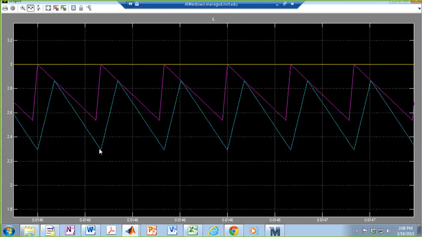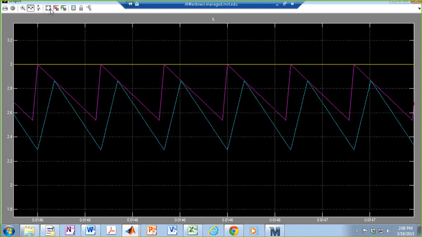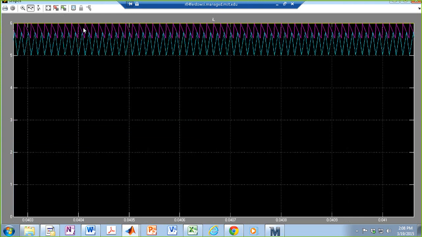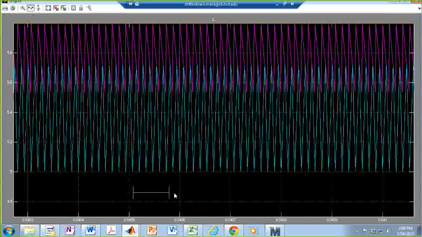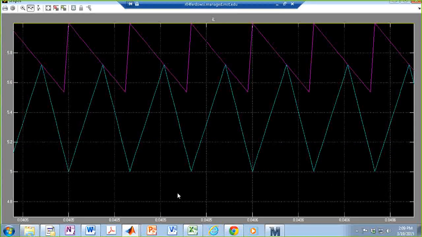So we turn the switch on, it ramps up, it crosses this point, and then the switch is turned off, and the inductor current ramps down. And everything looks good now, even when the duty cycle is greater than 0.5. So you can see the duty cycle is greater than 0.5.